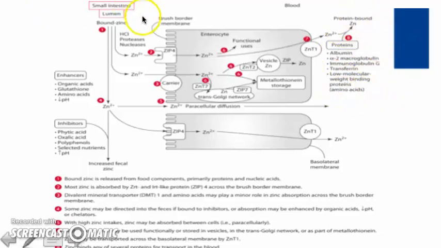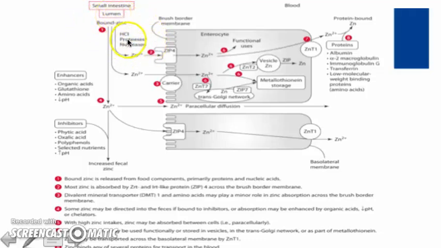So we see that when consuming zinc, it's primarily going to be bound to different amino acids or nucleic acids. We mentioned how HCl, proteases, and nucleases will be involved in freeing zinc from those compounds.